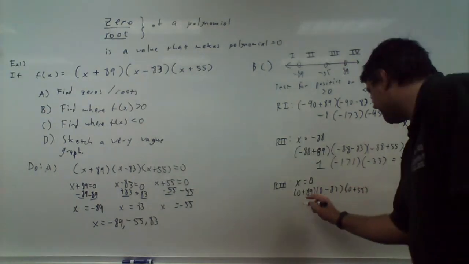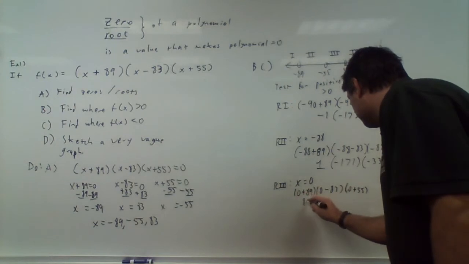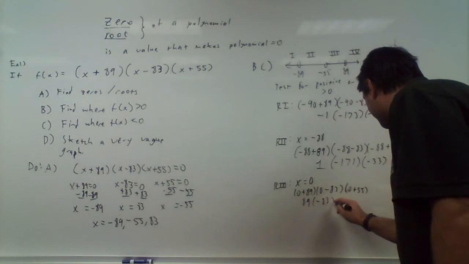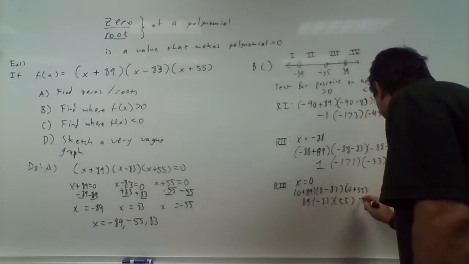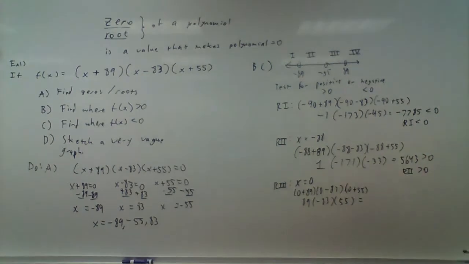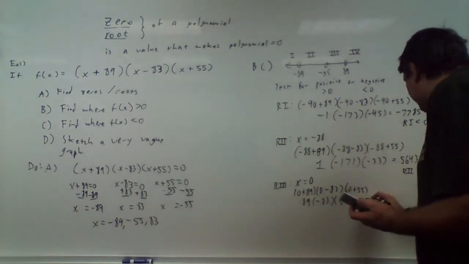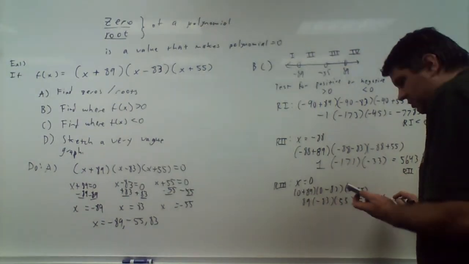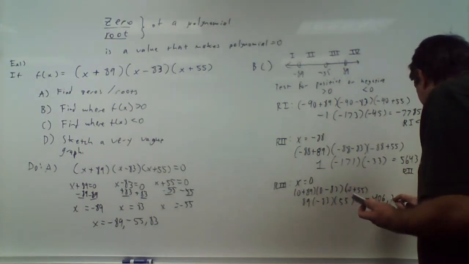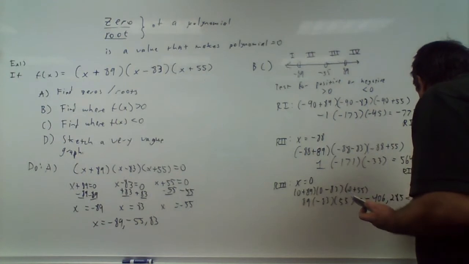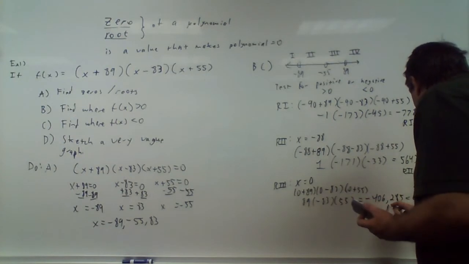Okay, so that's 89, that's negative 83, that's 55. Okay, 89 times negative 83 times 55, negative 406,285. Which is less than 0, so region 3 is less than 0.